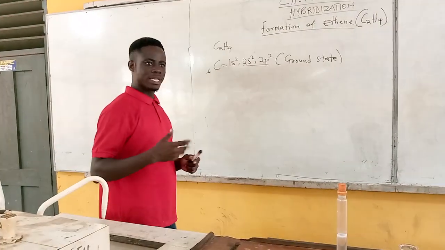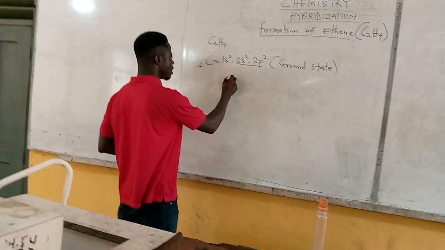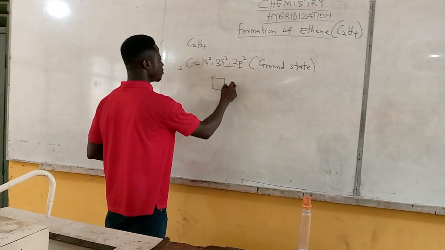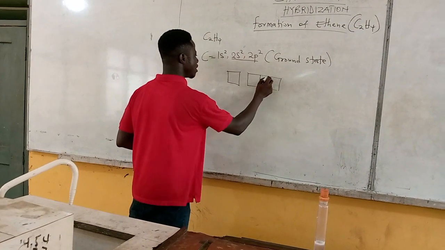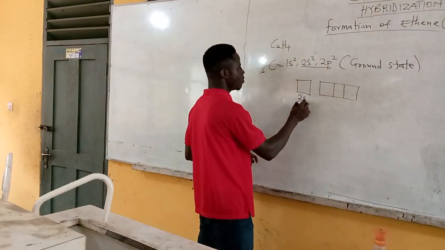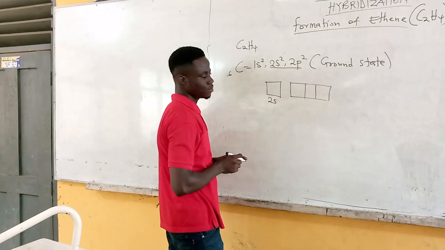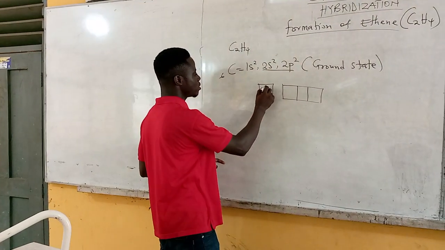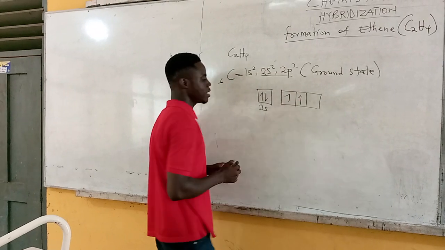So we want to write it in a different way. What will enable us to write this in a different way? We want to understand why we need to write this in a different way. Now, when you pick the 2s, we said we use only valence electrons. So we are going to concentrate on these valence electrons. We have 2 electrons filled here, with 2 electrons in the p orbital.